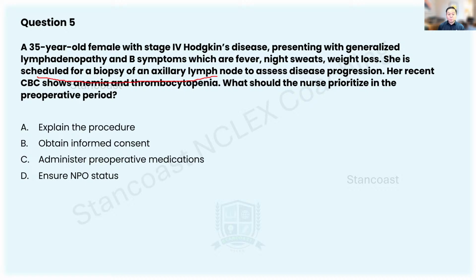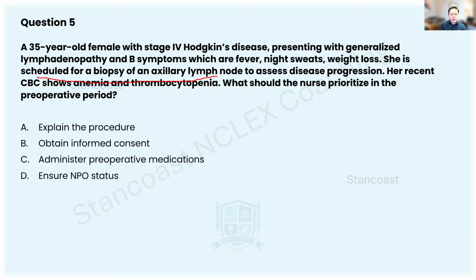Is it explain procedure, or is it obtaining informed consent, or C, administer pre-op meds, or D, ensure NPO status? I'm seeing D, B, B, B, B. Okay. B is good. This is the primary action that the nurse should be doing at this point.